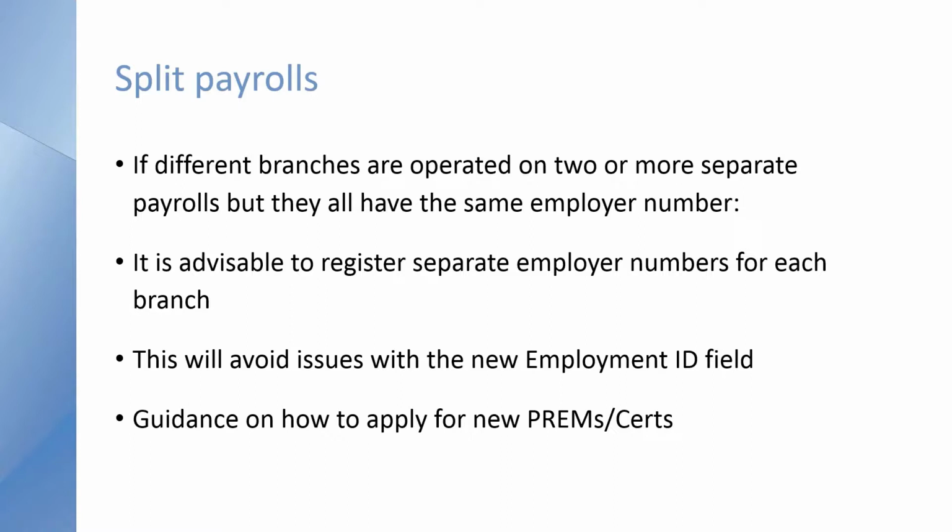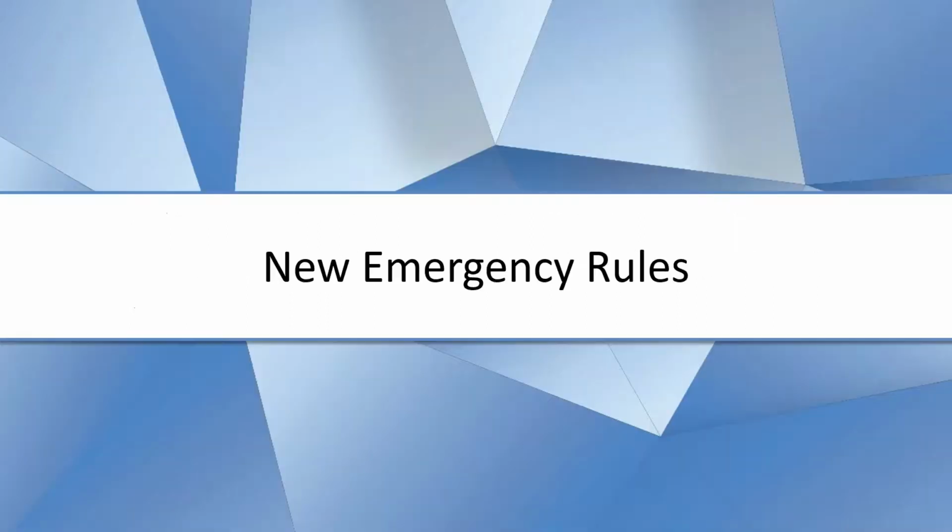So it could be very advisable to keep them totally separate with different registered numbers. They're still the one legal entity, they just have different numbers. We're hoping to issue guidance on how to apply for the new PAYE numbers and certs and put that on our website shortly, but I'm sure all you guys know how to do that already.